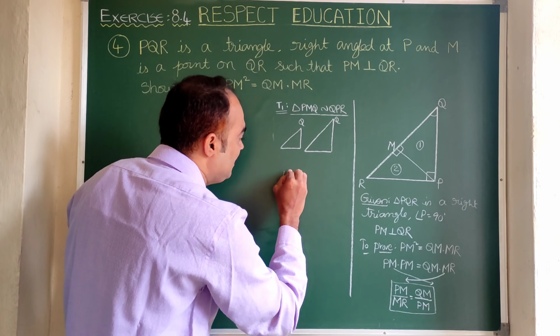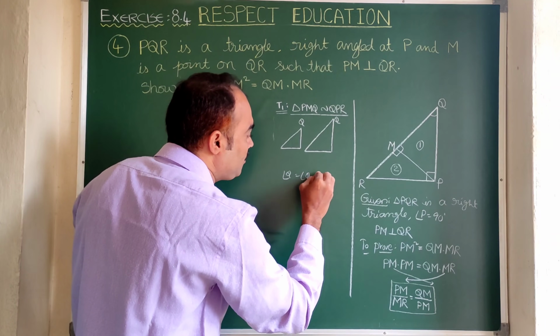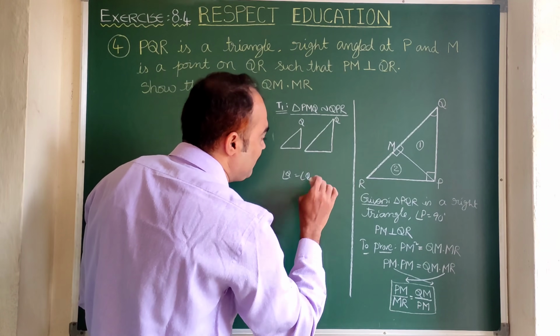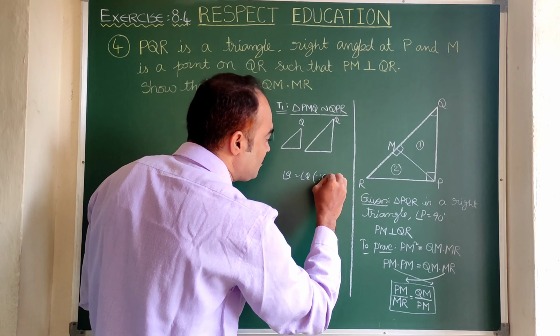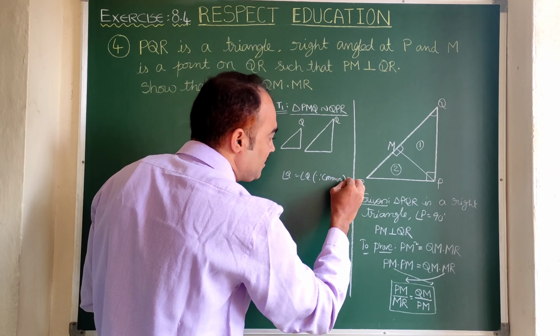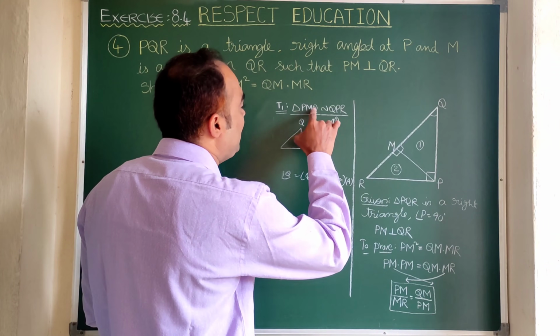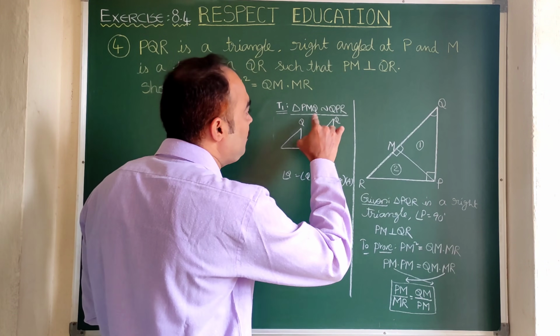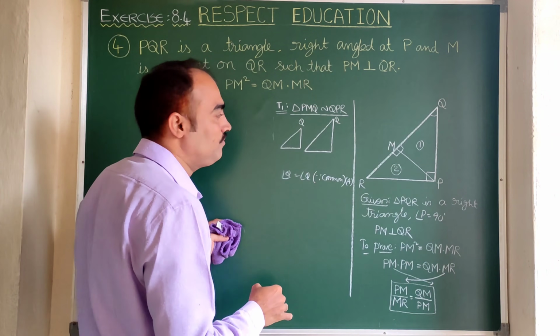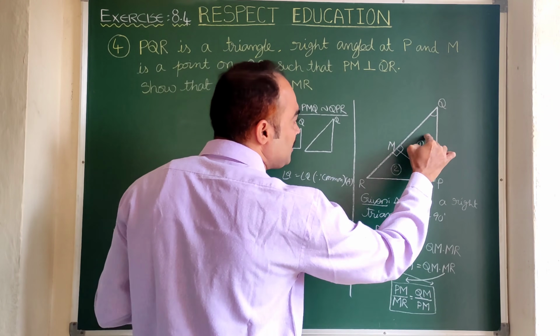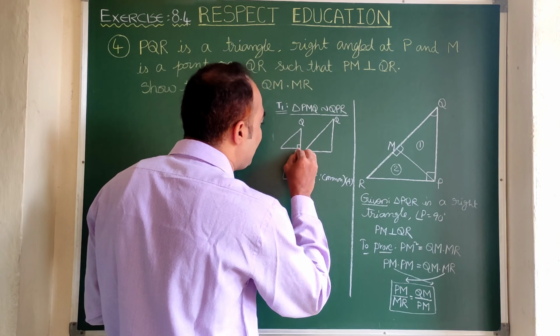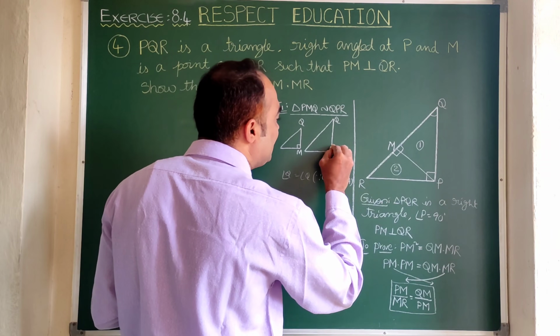So here we can write angle Q is equal to angle Q. This is common, since it is a common angle. These are a pair of angles. So among PMQ I gave the place for Q, and in QPR also I gave the place for Q. Now in this first son angle M is 90, so I am giving angle M, whereas in the father angle P is 90.